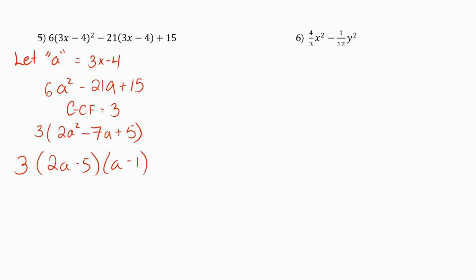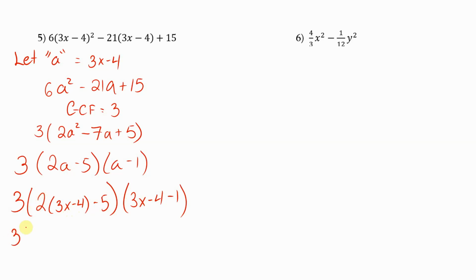Now all we have to do is take that a and put it back inside, which will give us 3 times by 2. Our a, remember, is 3x minus 4, minus 5, and 3x minus 4 minus 1. Now we can just simplify that.